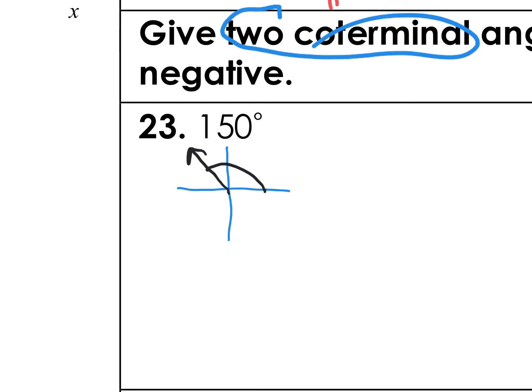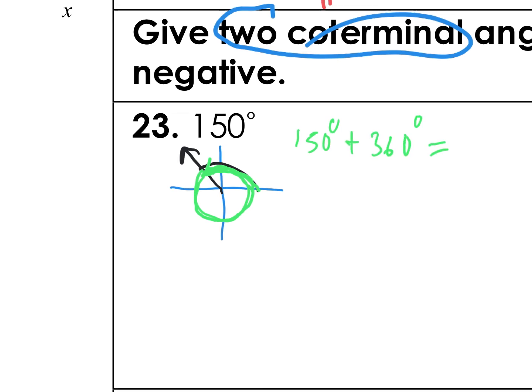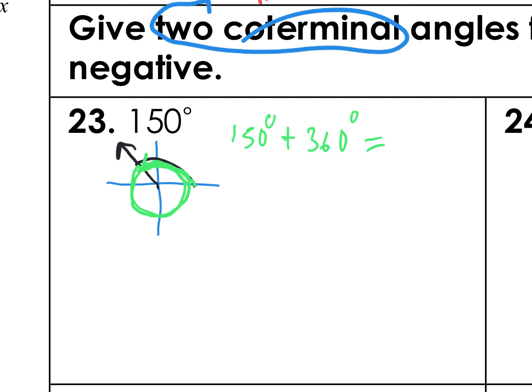To get a coterminal, all I need to do is go to the same direction and go all the way around until I get back to it. In other words, I go 150 and then I do a whole circle. So 150 degrees plus 360 degrees is definitely a positive coterminal angle. I'll add that up in a minute.